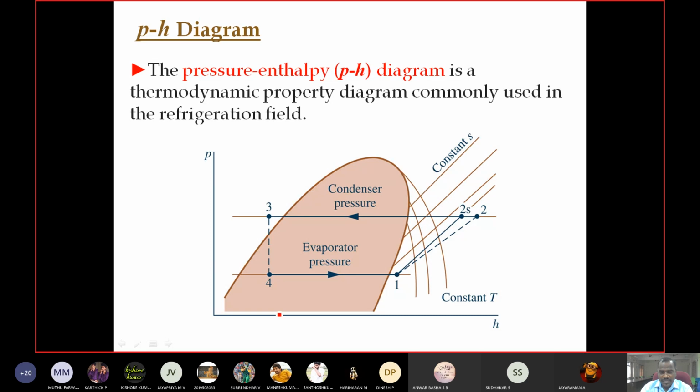Again, this p-h diagram is the thermodynamic property diagram commonly used in the refrigeration field. Like our pure substance property diagrams, here we have the subcooled liquid, then superheated vapor. Before the subcooled liquid region we have the saturated liquid region, and beyond the saturated vapor region we have the superheated vapor.